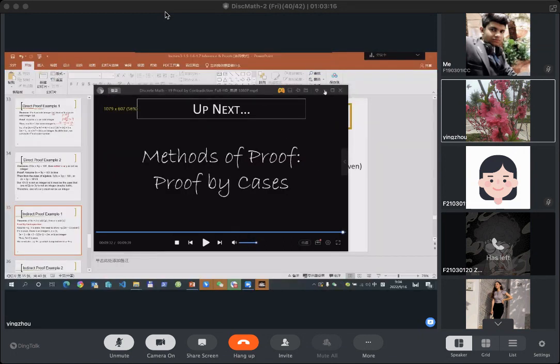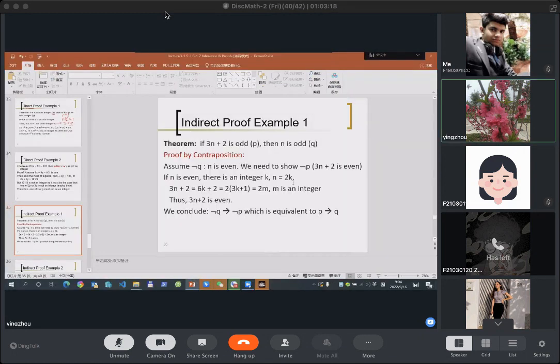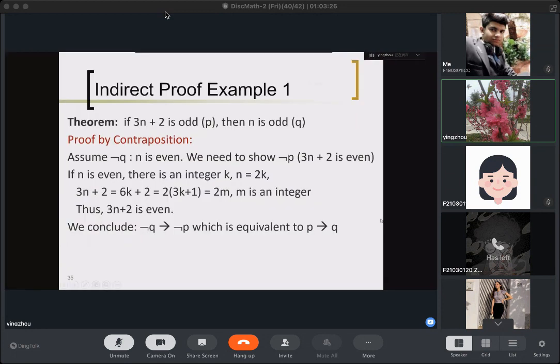So here is an example of using the indirect proof, which gives us another way to do a proof. Let the condition P give the result Q. And sometimes going from P to Q is difficult in your proof process, so we can go from another way.